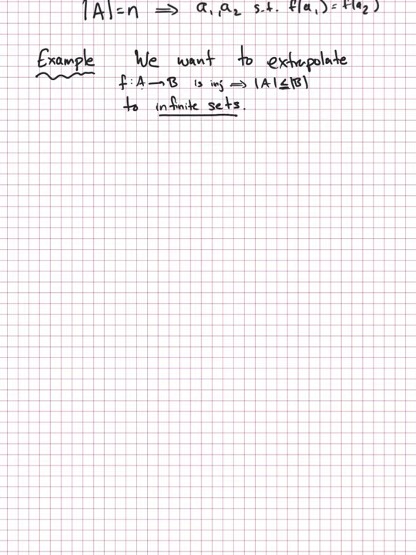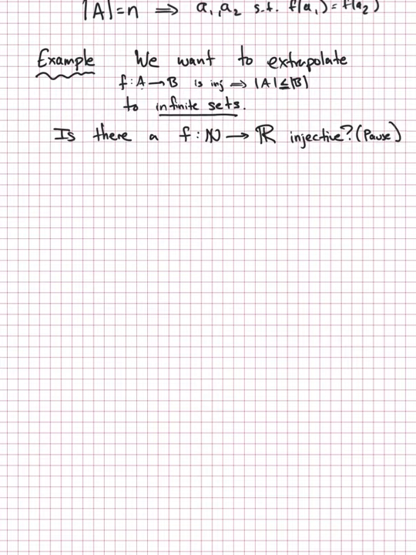Okay, so let's see if we can make sense of this. Here's the example. Is there a function which goes from the natural numbers to the real numbers, which is injective? I'll pause here. You can think of it.